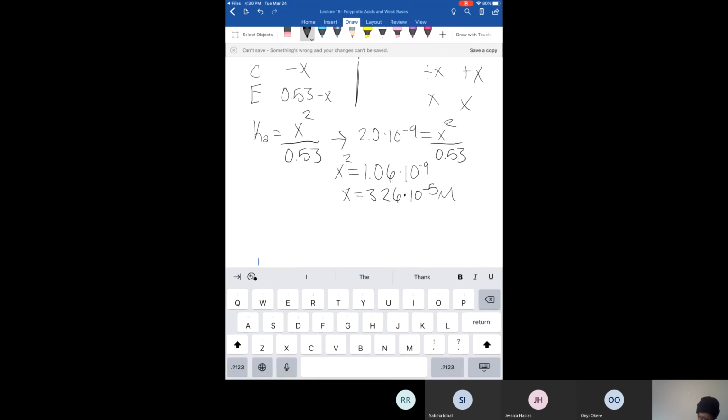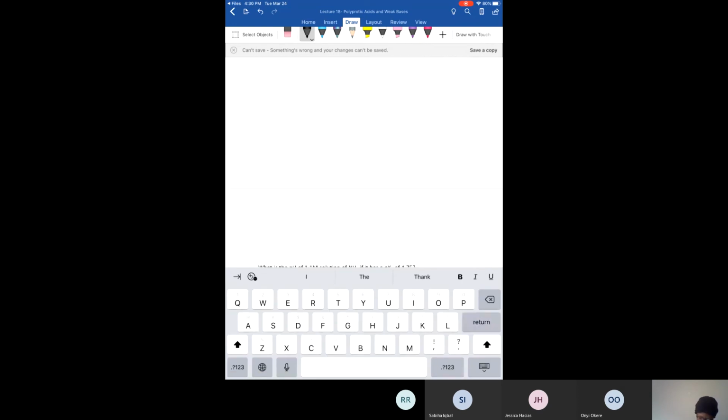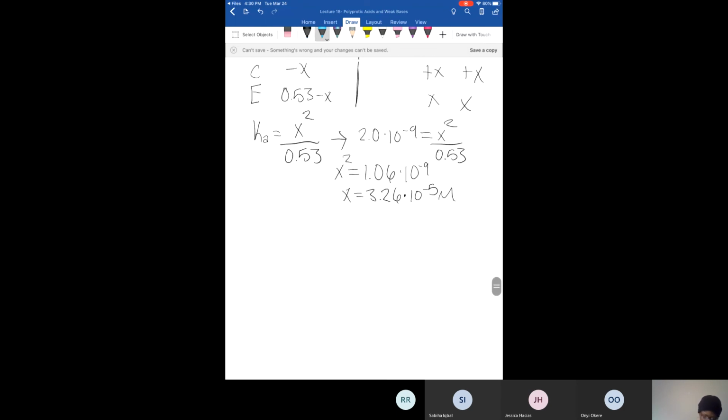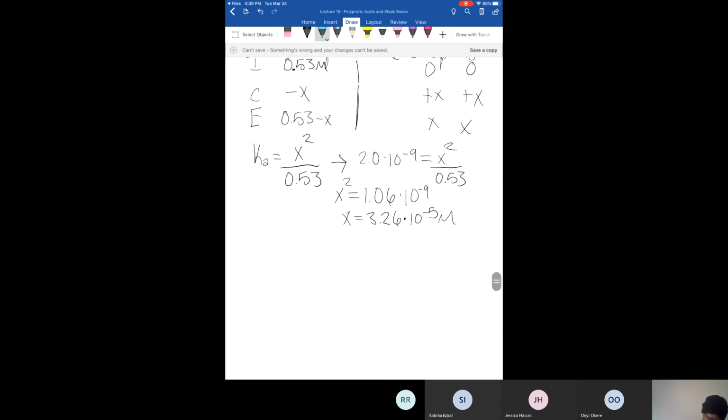So from this, you can find your H3O plus concentration, which equals x, which equals 3.26 times 10 to the negative 5 molar.